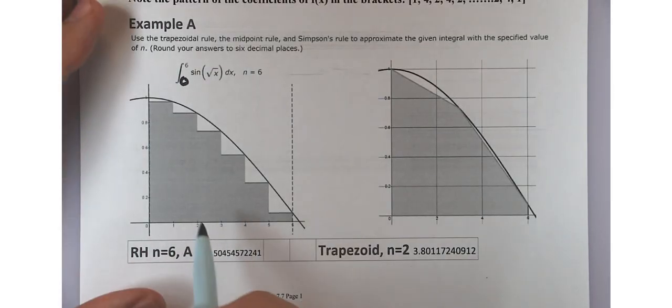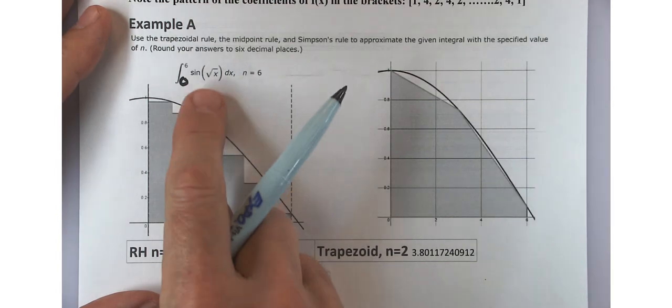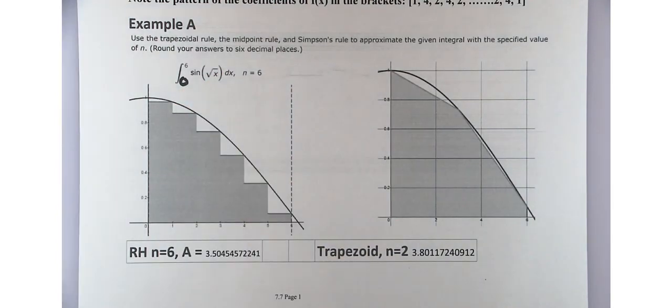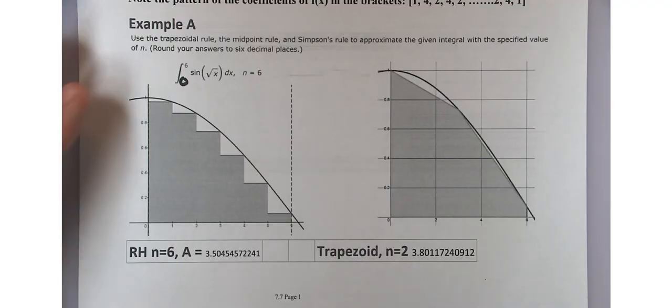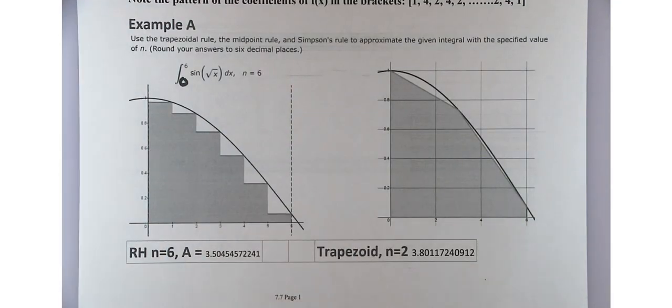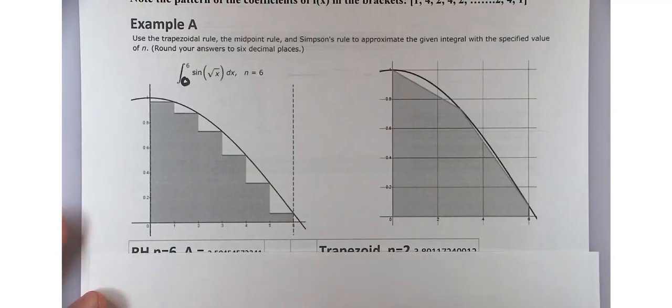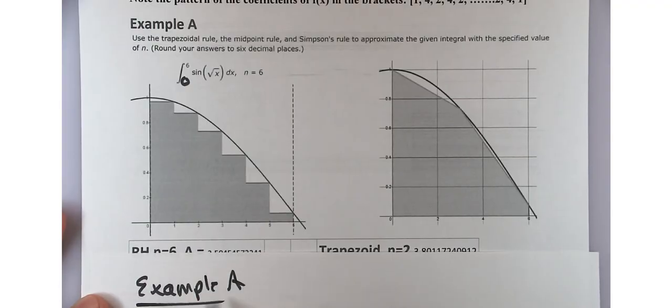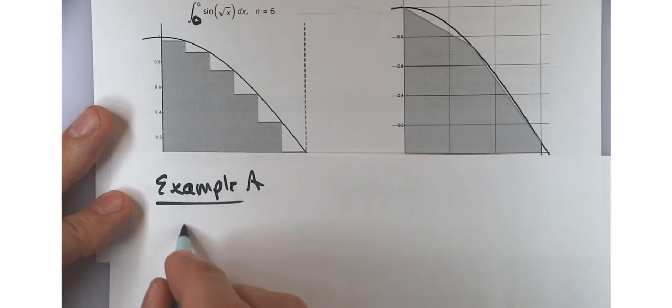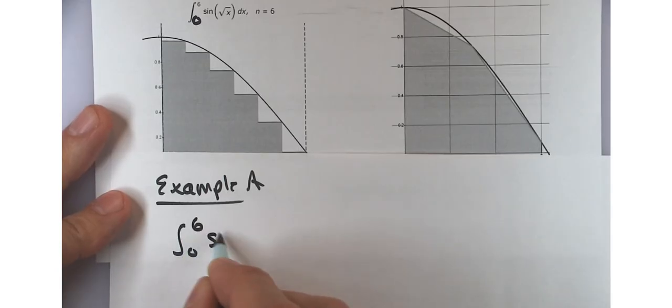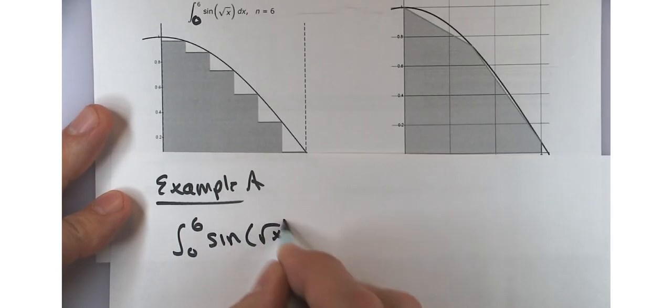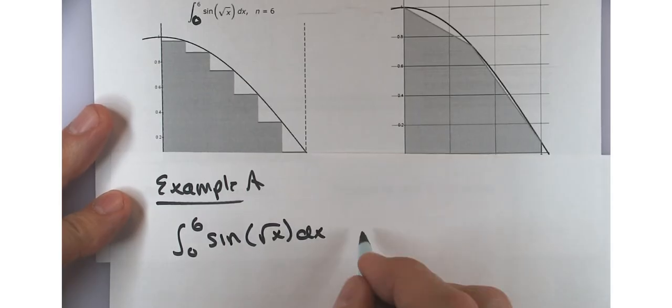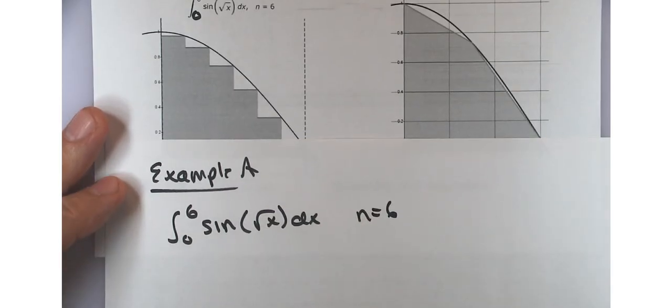We're going to try and find this integral, at least approximately, using the trapezoid rule. So by doing this, we're going to get a little bit more friendly points. Example A: the integral from 0 to 6 of sine of the square root of x dx, with n equals 6 subintervals.